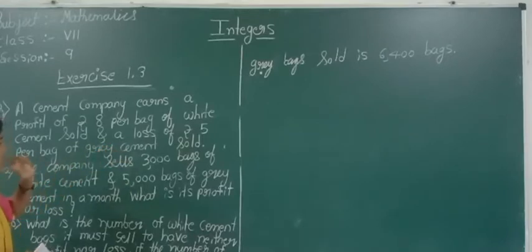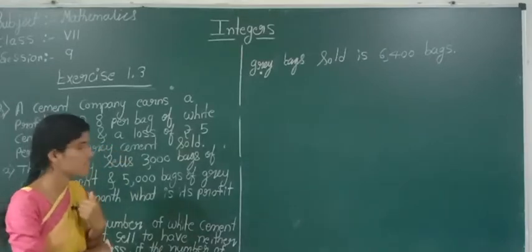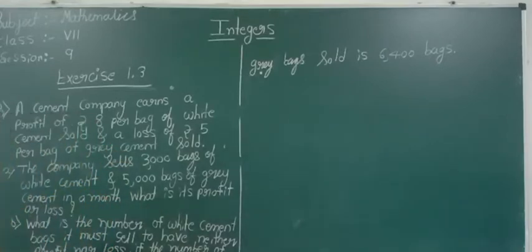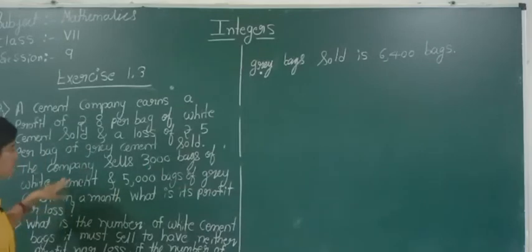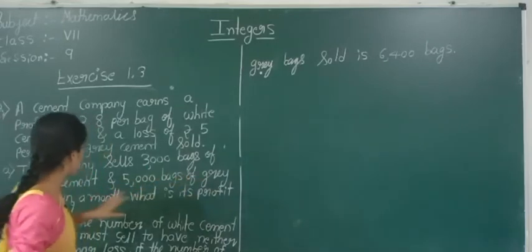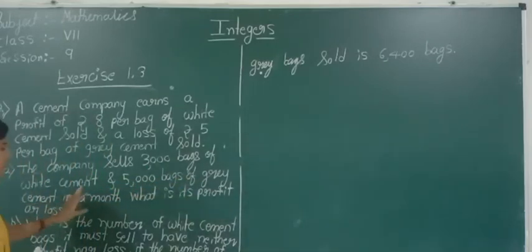For grey cement it will have a loss of ₹5 per bag. The company sells 3,000 bags of white cement and 5,000 bags of grey cement in a month. What is its profit or loss? We have to find out whether the company will have a profit or loss in a particular month.